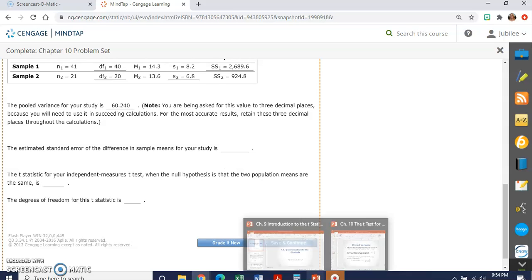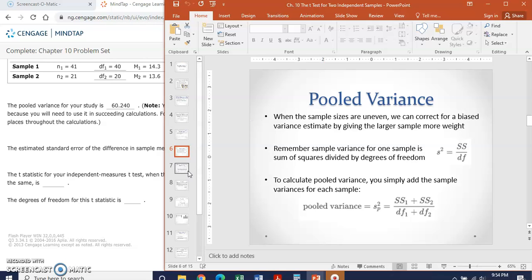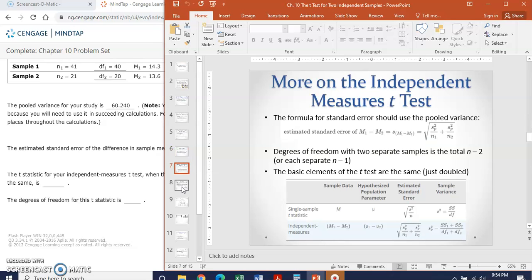So now I need to calculate the estimated standard error. Let me go back to the PowerPoint. Oh, I see that the formula is the square root of the pooled variance divided by the sample size for the first sample plus the pooled variance divided by the sample size for the second one. Let me write it down.